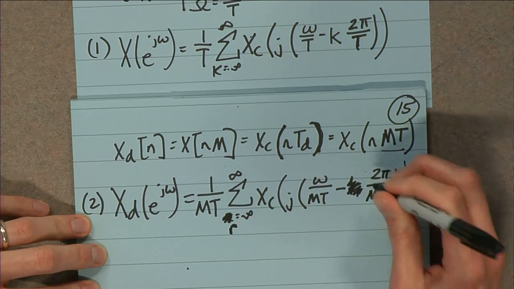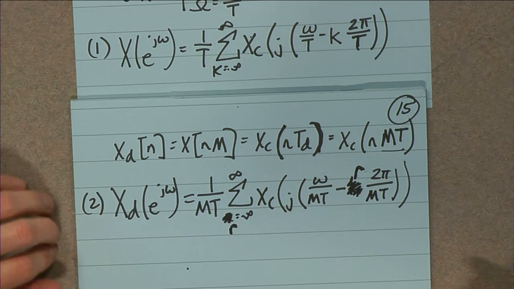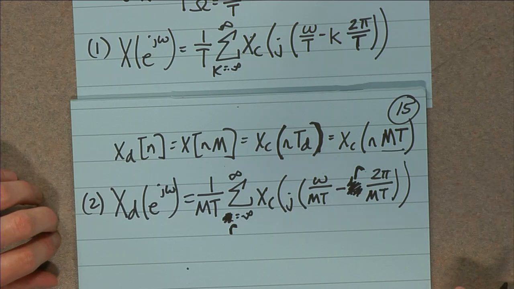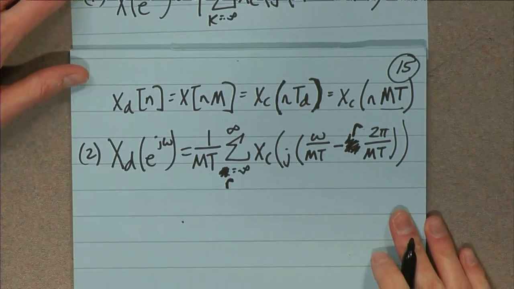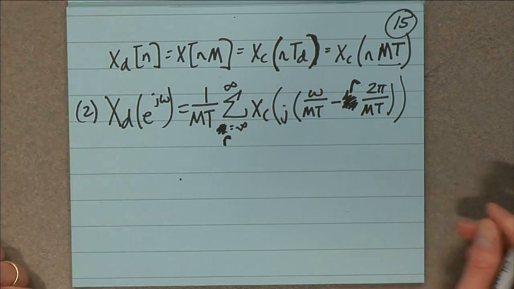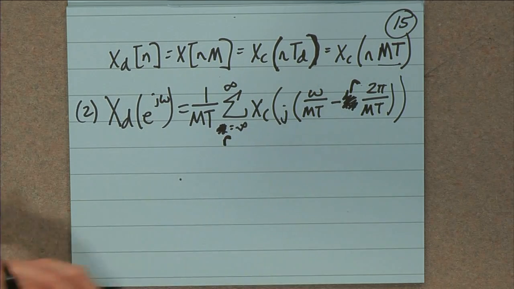Sorry about that. I want to use r as an index, and you'll see why in a second. r is our index, mainly because there's a very clever trick here to expand this expression that goes from negative infinity to infinity. So if you didn't think this summation was scary enough, we're going to make it a double summation.